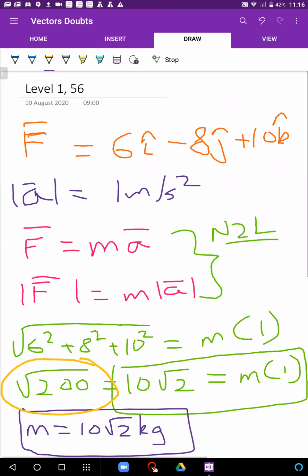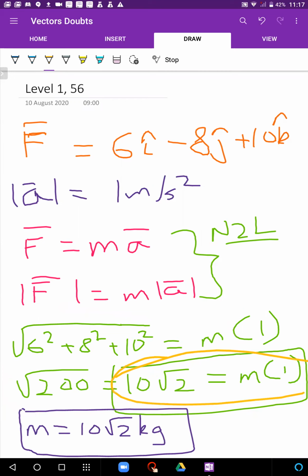Our force का magnitude is root 200. Acceleration is 1. What is our mass? Root 200 is 10 root 2. So 10 root 2 is mass into 1. So mass has to be 10 root 2.